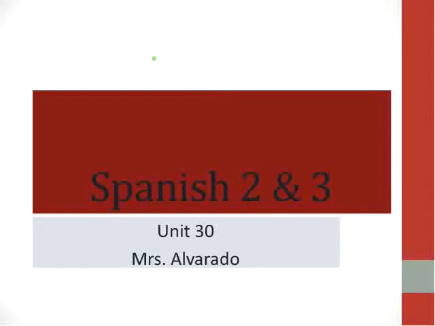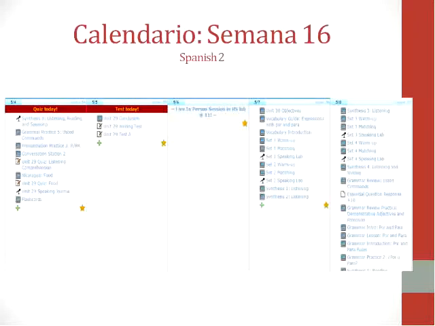We're going to begin Unit 30. And let's take a look at our calendar for week 16 coming up. Spanish 2 class has the following schedule. We're going to be wrapping things up and focusing today on the use of two very common words in Spanish, por and para.